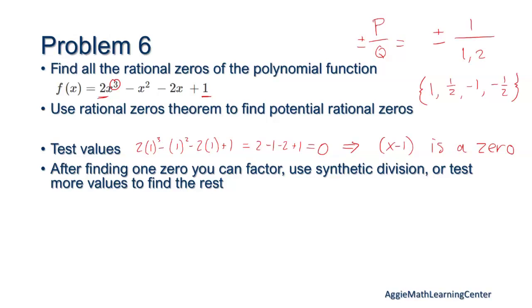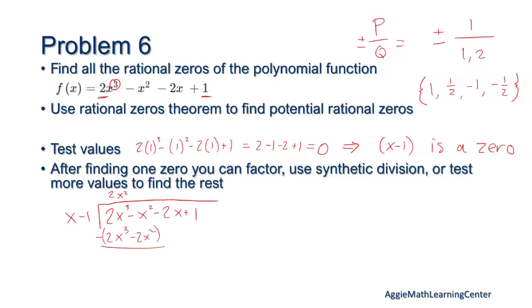Okay, let's do 2x cubed minus x squared minus 2x plus 1, and we're going to divide it by x minus 1, which we just found out is a zero. Okay, x minus 1, or x can go into 2x cubed, 2x squared times. Multiply that, we've got 2x cubed minus 2x squared. Subtract.